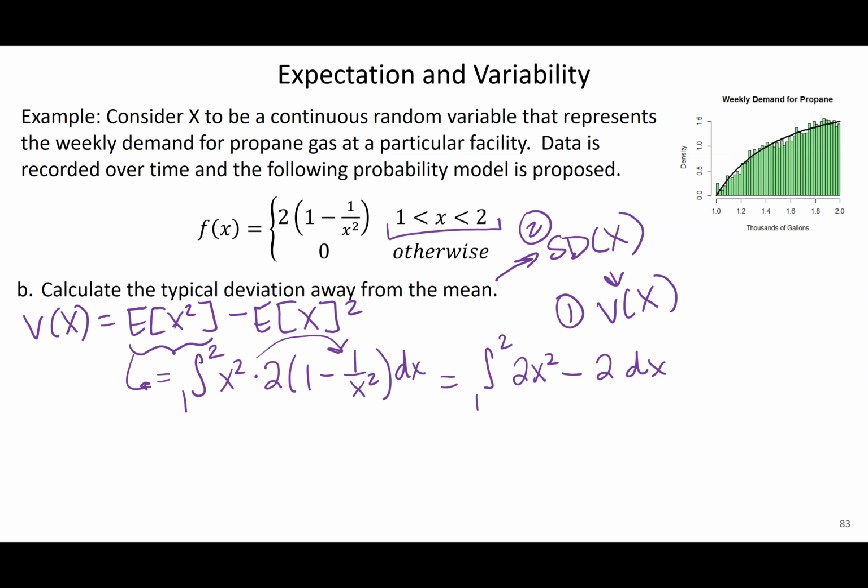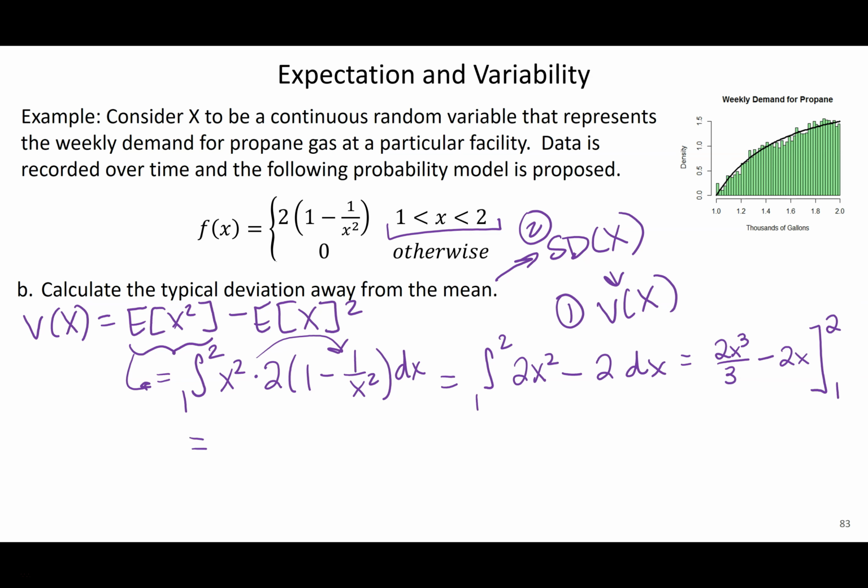So that's going to be 2x cubed over 3 minus 2x evaluated from 1 to 2.